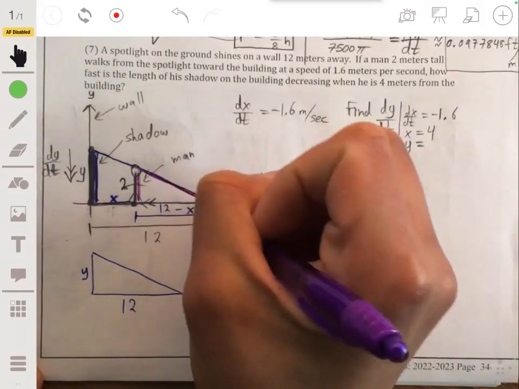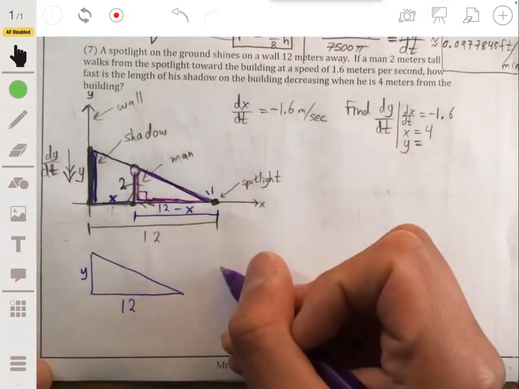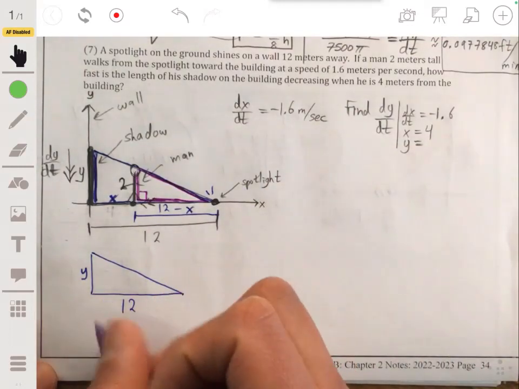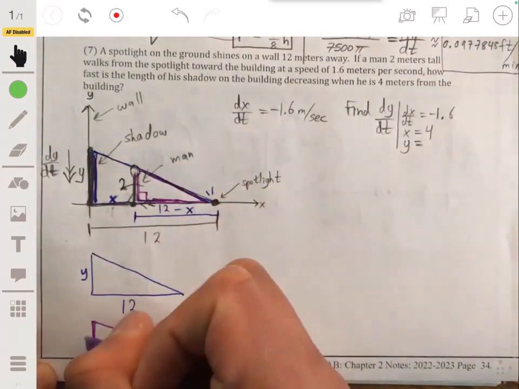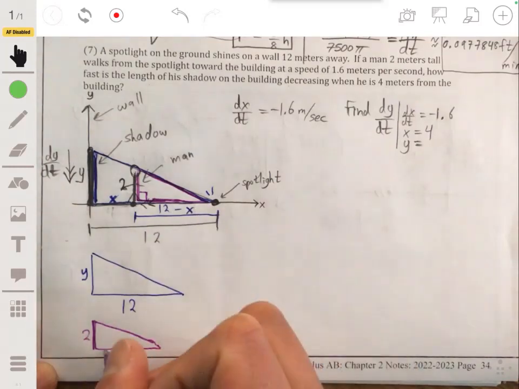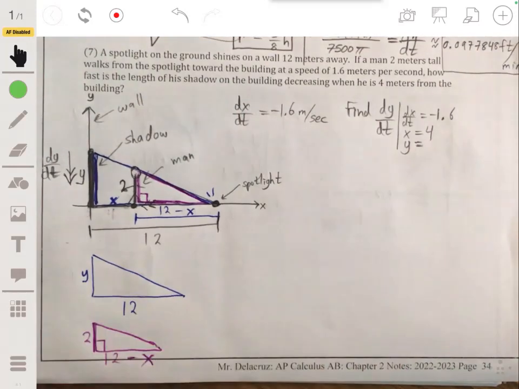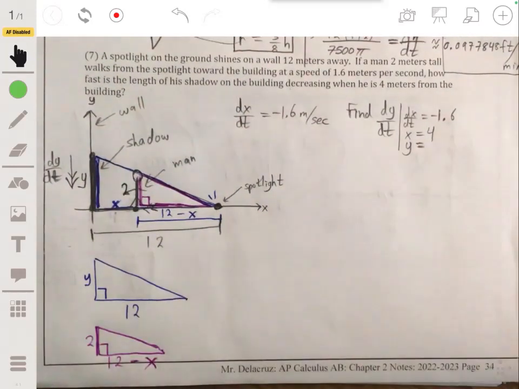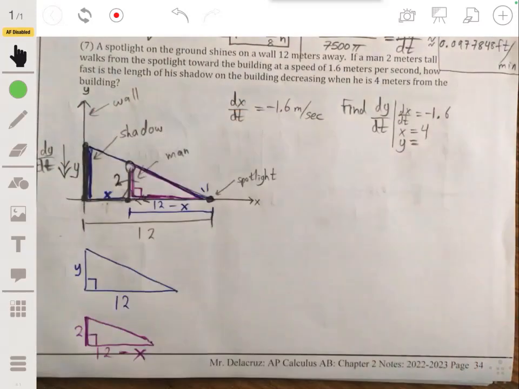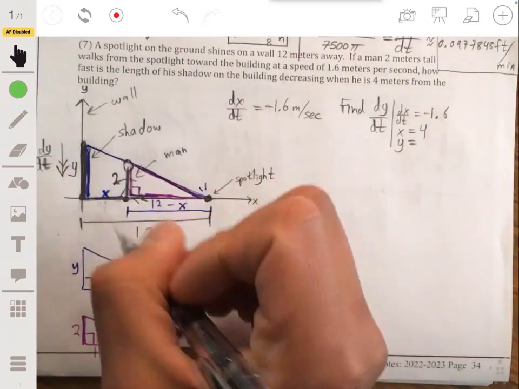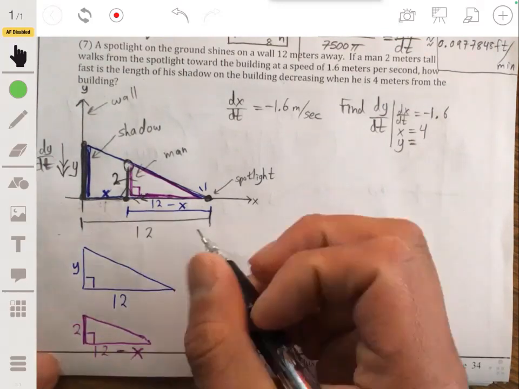The left side is the height of the man. So we got a smaller triangle where this side is 2, this base is 12 minus x, and it's a right triangle. These two triangles are similar because this purple triangle will always stay within that big blue triangle. I don't actually need the length of the hypotenuse, so don't worry about that. These triangles are similar to one another.